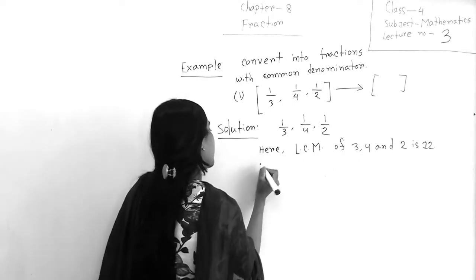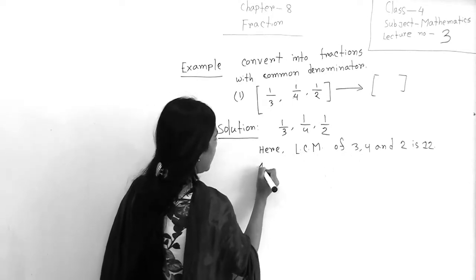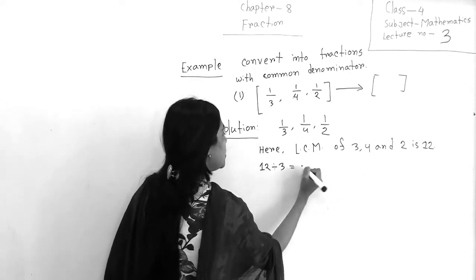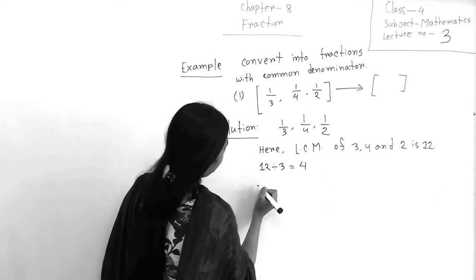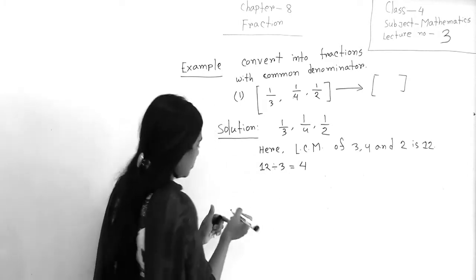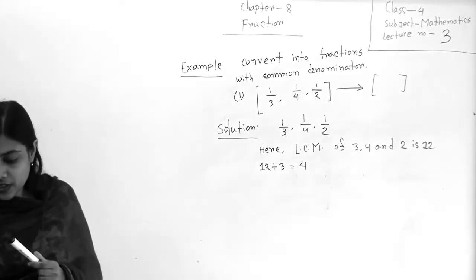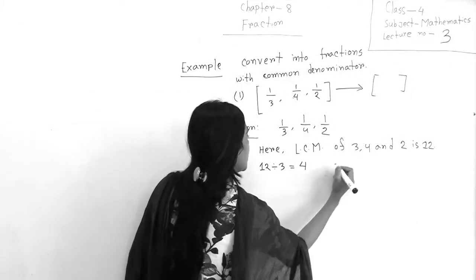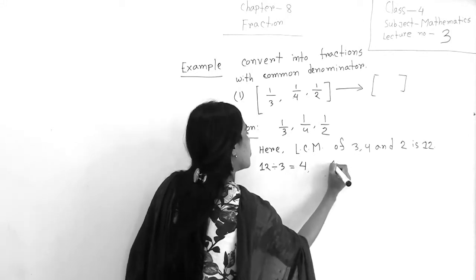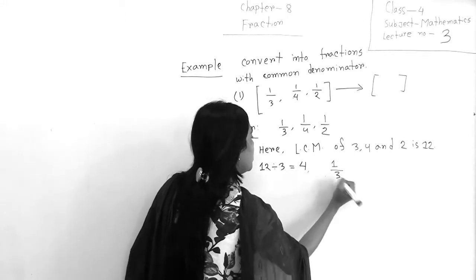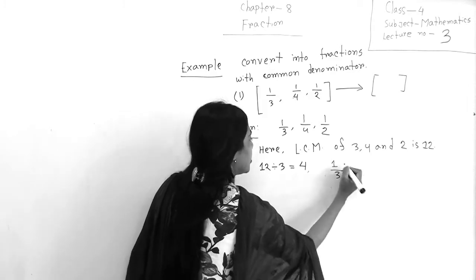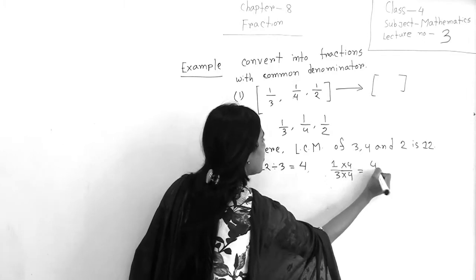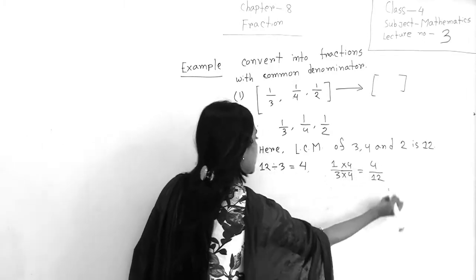This 12 is dividing by the first fraction number denominator and get it 4. This 4 is multiplying both numerator and denominator, the first fraction number, and get result 4 divided by 12.